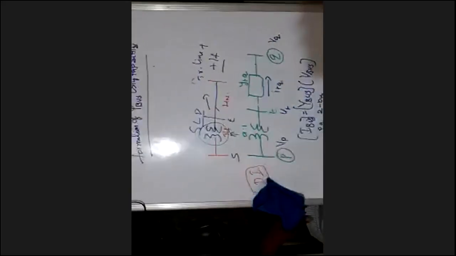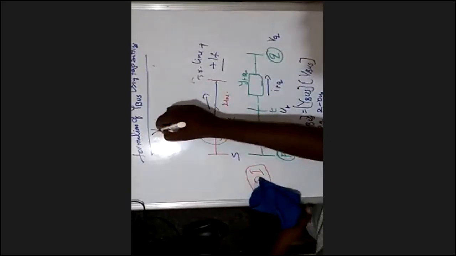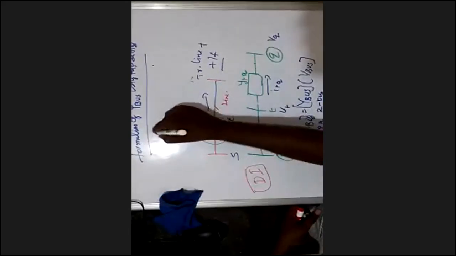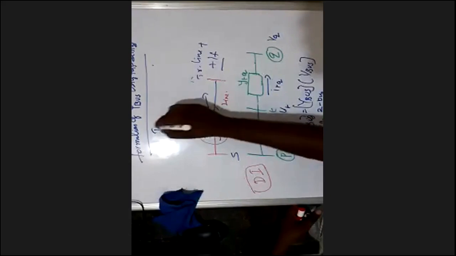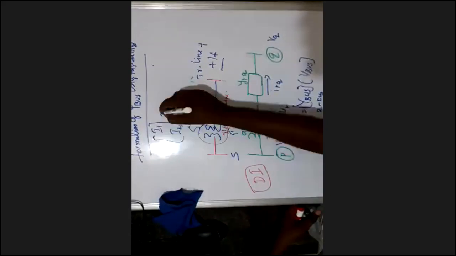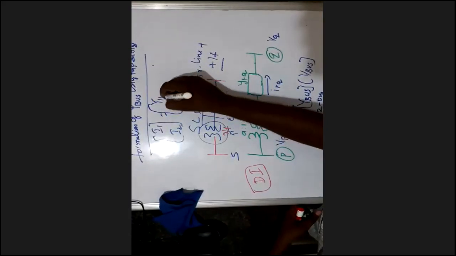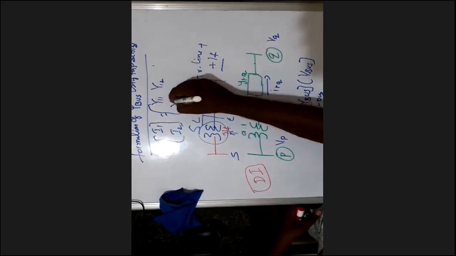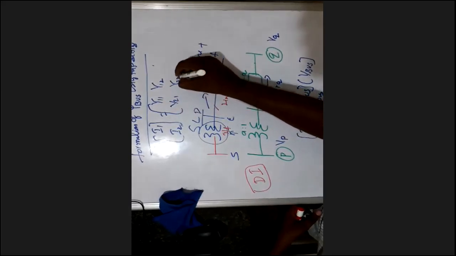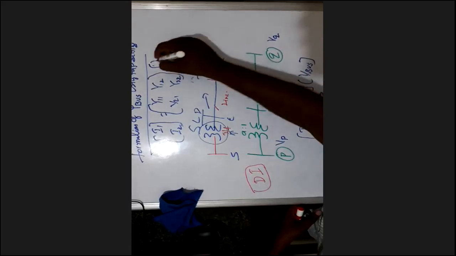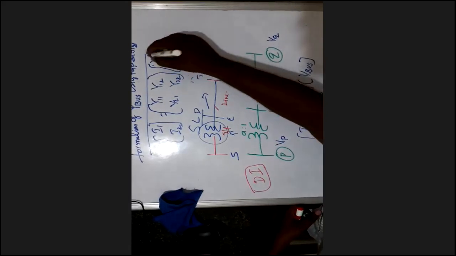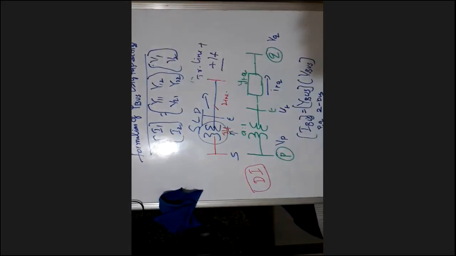So you can see what I am writing here. In terms of admittance, I have to take currents I1, I2 equal to Y11, Y12, Y21, Y22, times V1, V2. Is it right? Yes, sir. Right, very good.